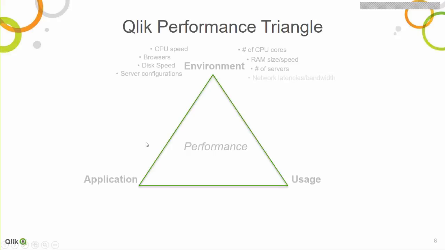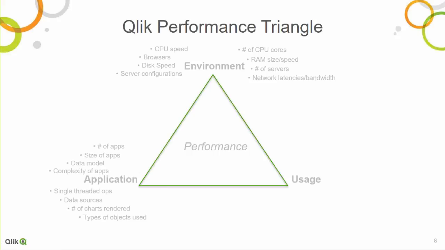As you can see, there are many factors in each of those categories. In the environment, we have number of CPU cores, CPU speed, RAM speed, etc. In the application design categories, we have data model, data size, the complexity of the expressions, and so on.